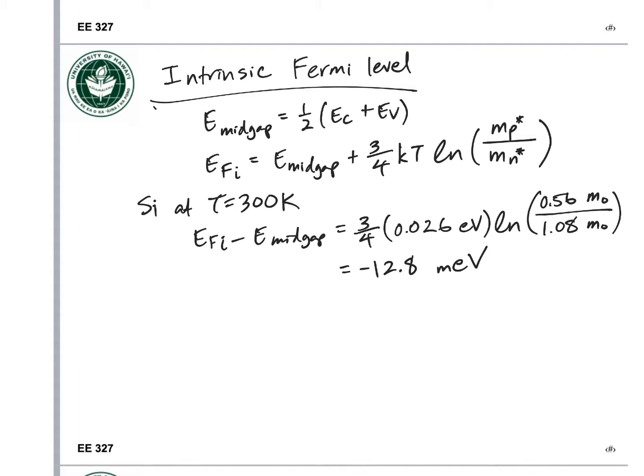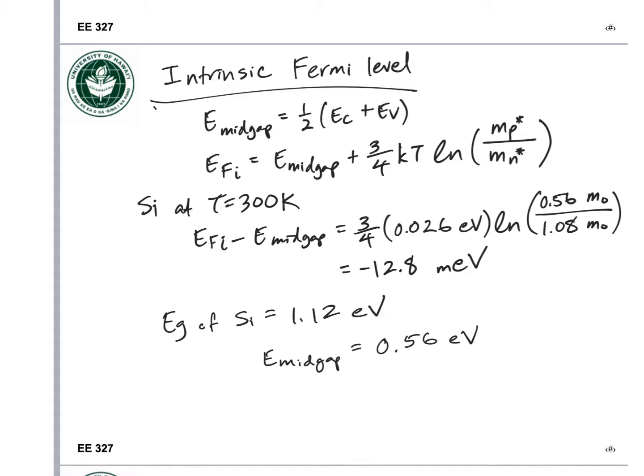What's the band gap of silicon? 1.12. Okay, so it's not exactly at the mid gap. So what would be the mid gap for silicon? 0.56. Okay, so it's not exactly at the mid gap energy level.